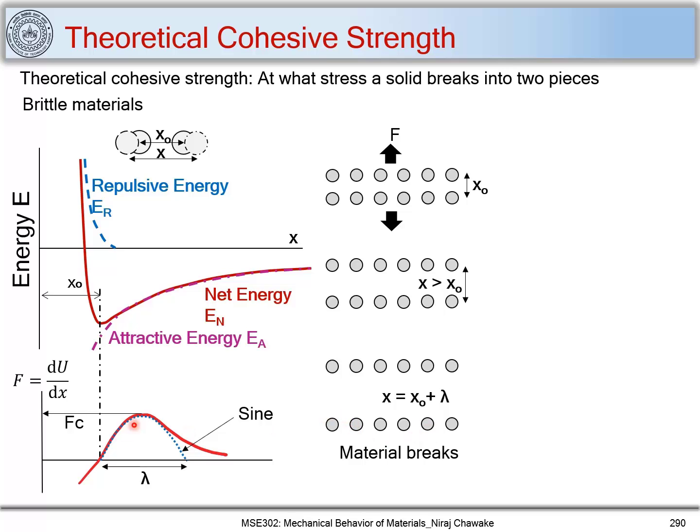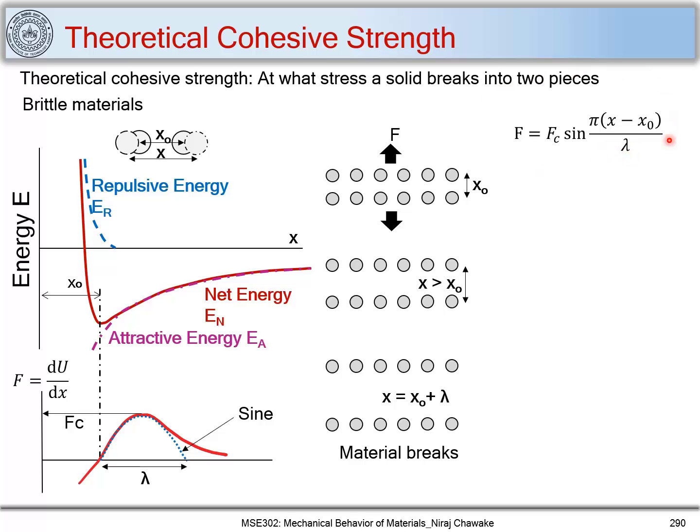Now let's find out the variation of force. You can write it in terms of a sine function: F equals Fc, which is the maximum or critical force, times sine of pi times x minus x naught upon lambda.